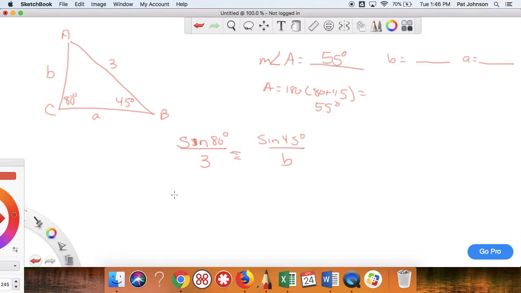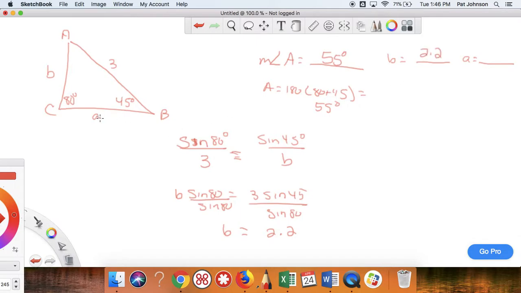So now we just do what? We do algebra. Then we divide by sine of 80 and divide by sine of 80, and we get b is approximately 2.2.